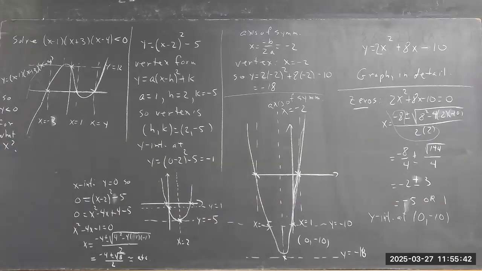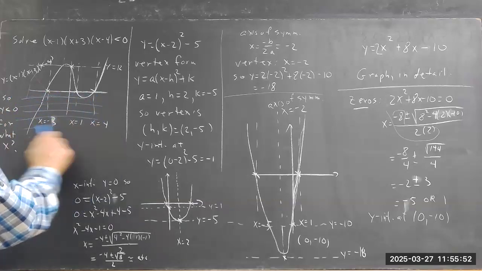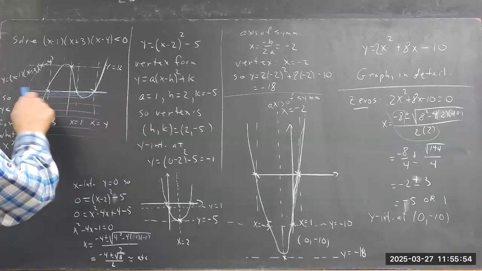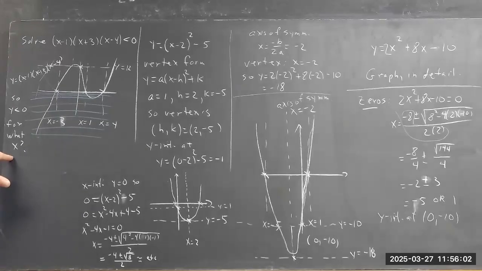So y is less than 0 for what x? Well, give you a hint. Y is less than 0 everywhere below the x-axis. Make sense? So for what values of x is y less than 0?